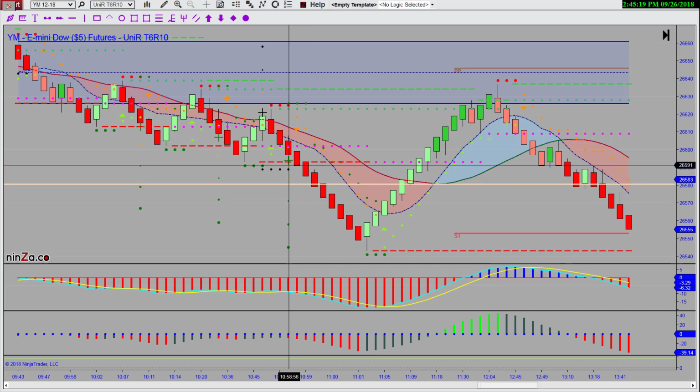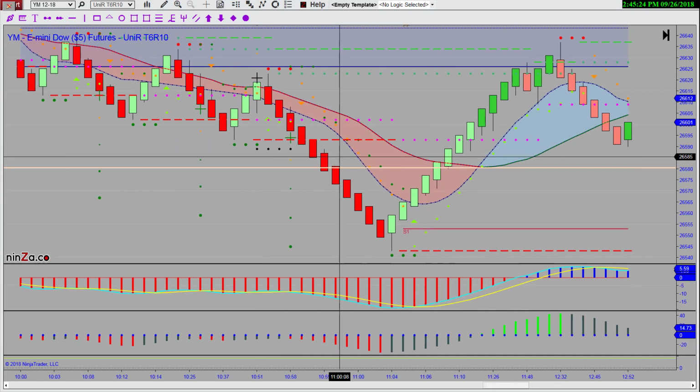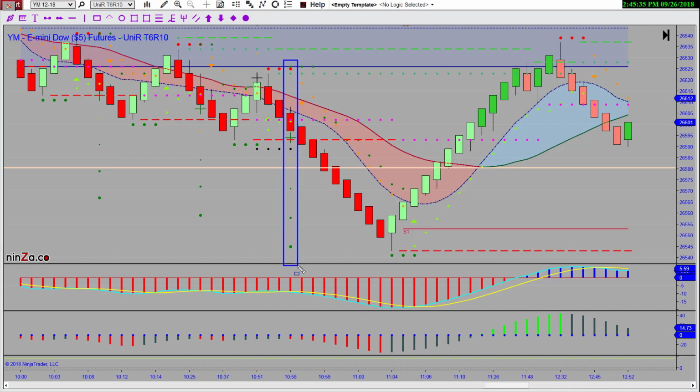And what it does, let me see if I can zoom in a little bit more here, is the counterpunch system will identify an entry point with a cross, the stop level with the green dots right here.